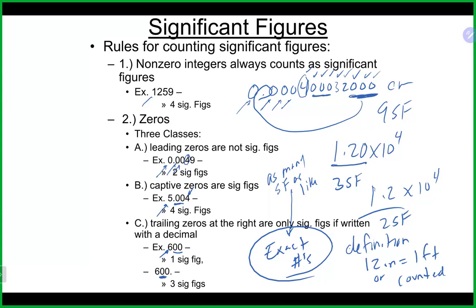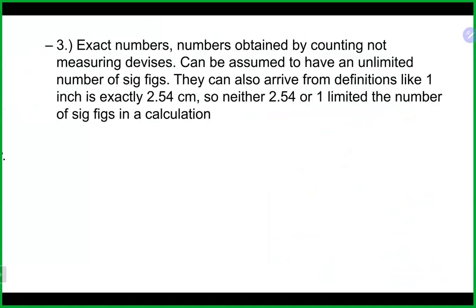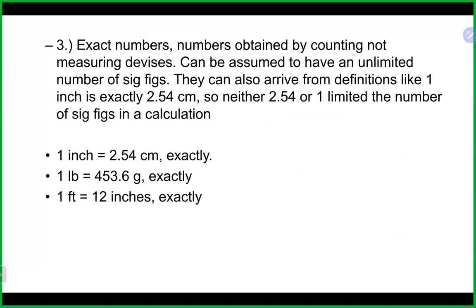The good news about exact numbers is they have a limitless number of significant figures, and you don't have to worry about them in calculations. It's really just the measured numbers that you do. Any questions on that?